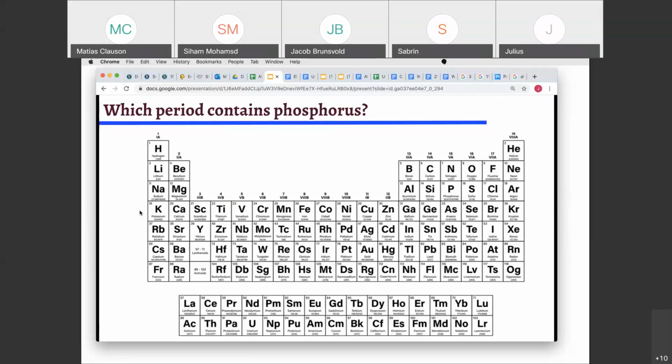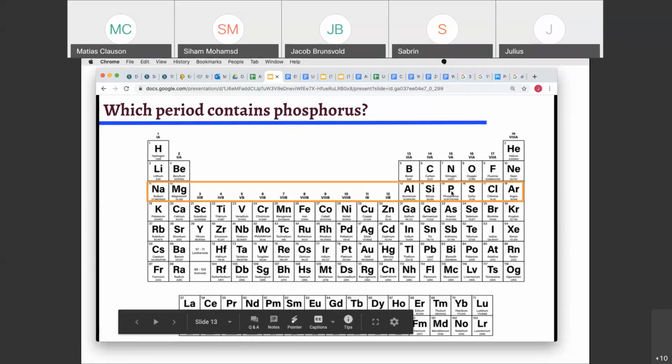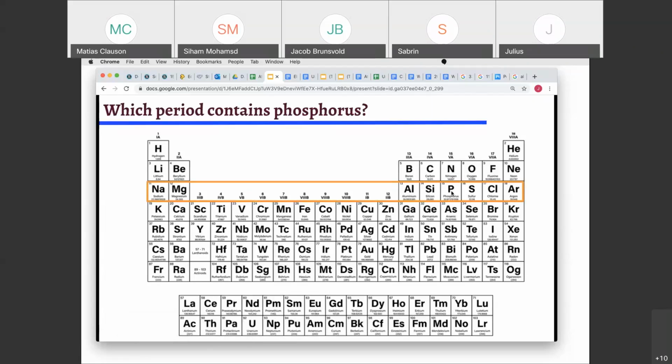Keep participating. Yeah. All right, good. So it seems like we're in agreement. Phosphorus, right? Yep. Thank you for everyone that participated. And so phosphorus is in this row. Well, this is the first, second, third row.